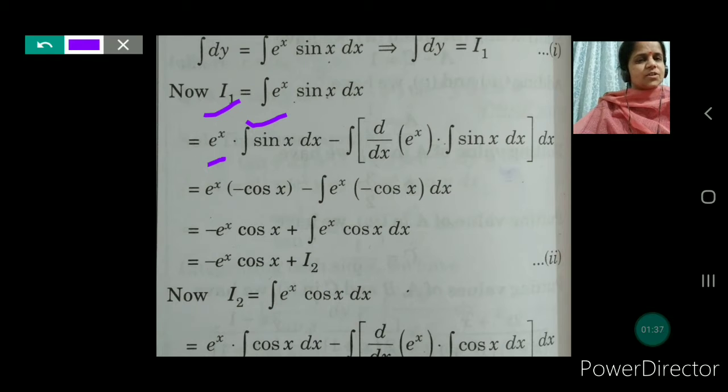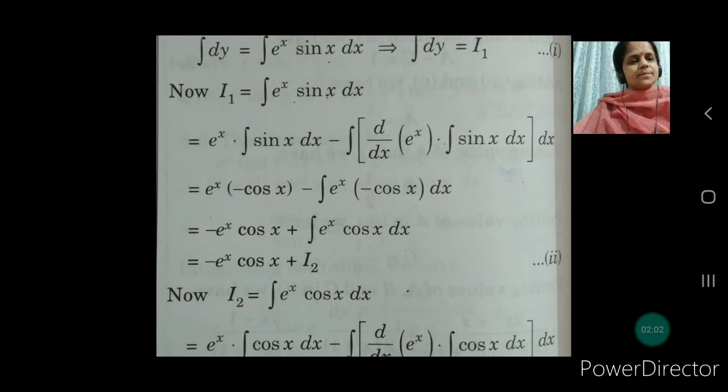Now integration of d/dx of e^x times integration of sin x dx, and then the whole integration. Students, in the next step you will get e^x times integration of sin x, which is minus cos x, then minus sign as it is. Now the derivative of e^x is e^x, and integration of sin x is minus cos x.